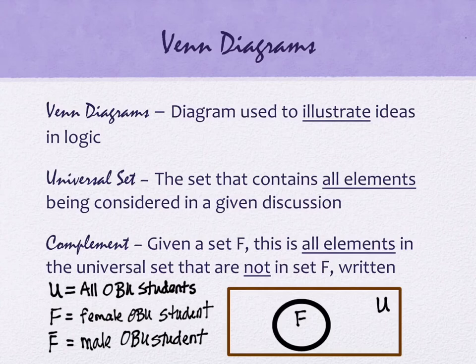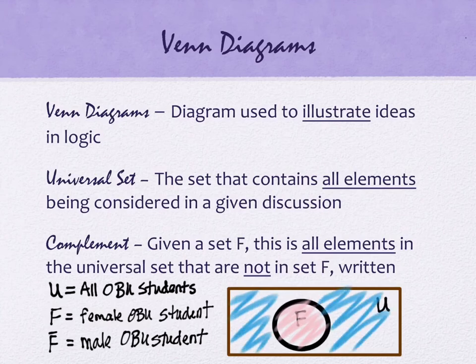So visually speaking, set F would be our female students. And the outside of F, still in the rectangle, you like how I use pink and blue? This would be F complement, the way that I've done it. And it would be the male students.